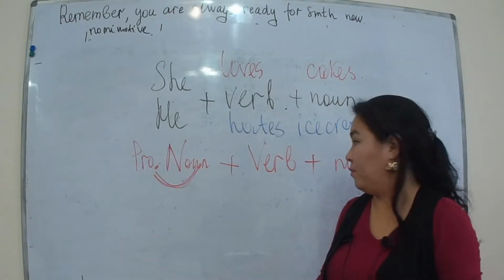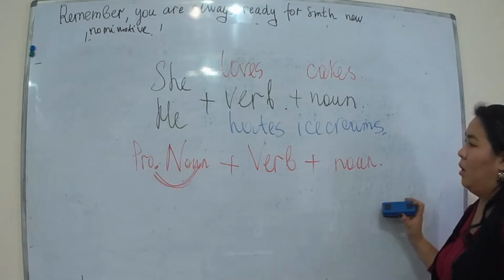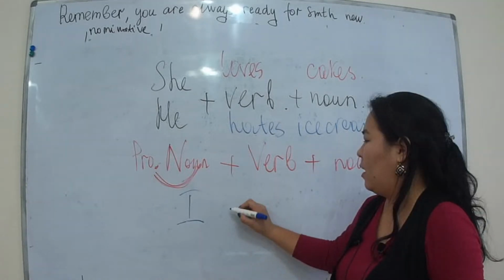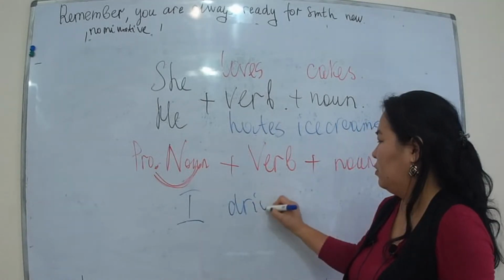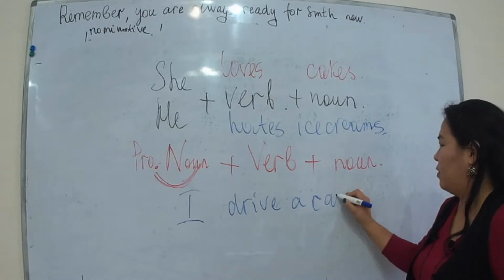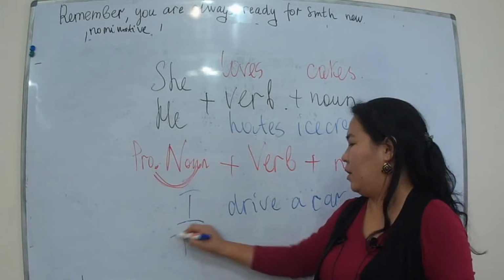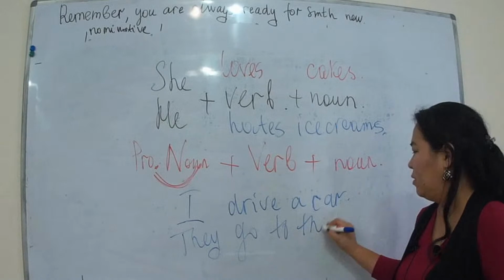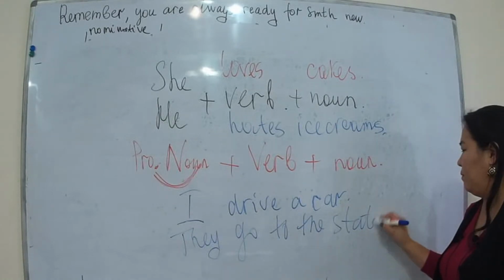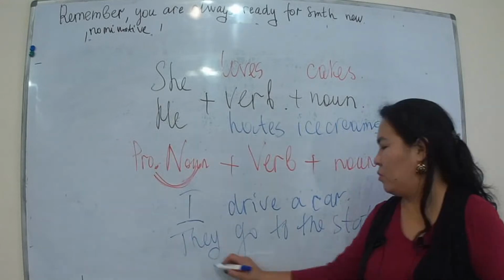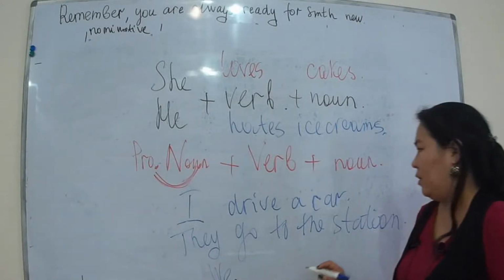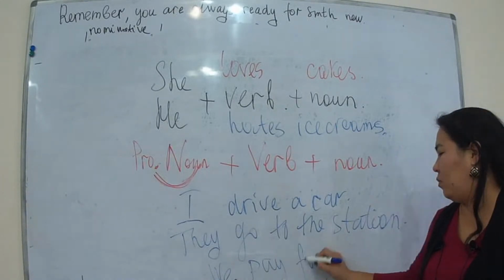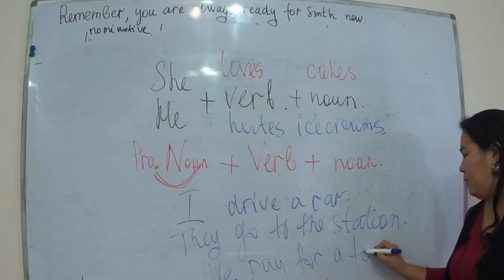And it's really easy to understand. For example, I drive a car. They go to the station, for example. They go to the station, or we pay for a taxi, for example.